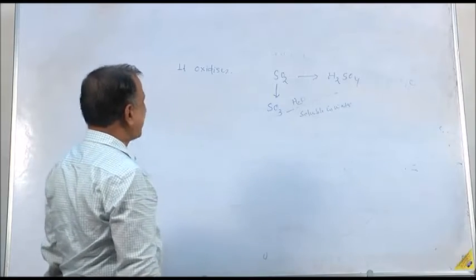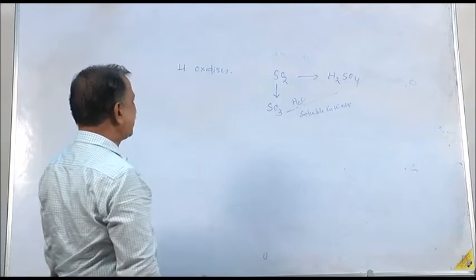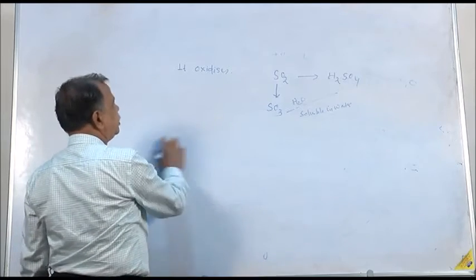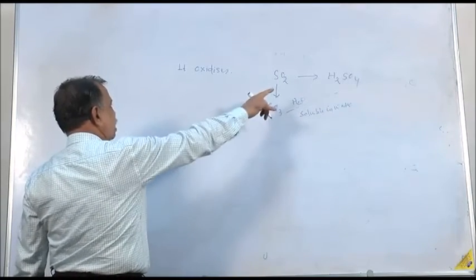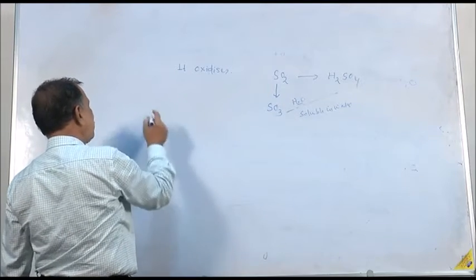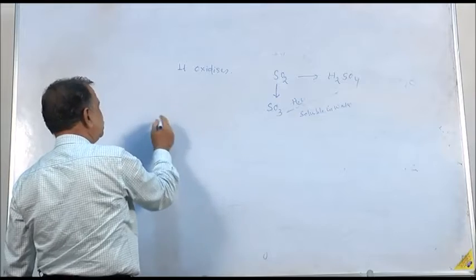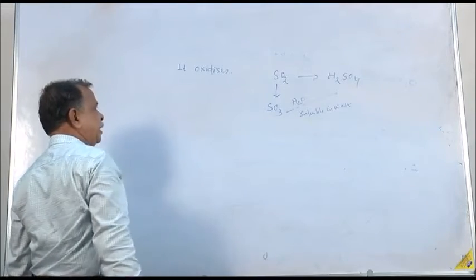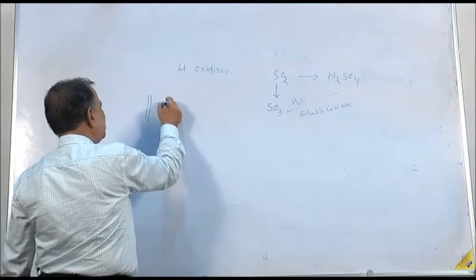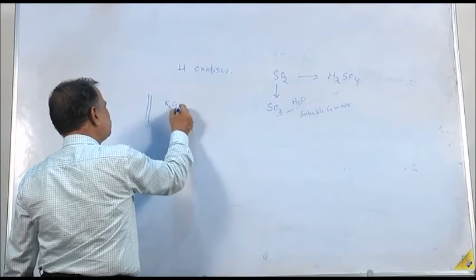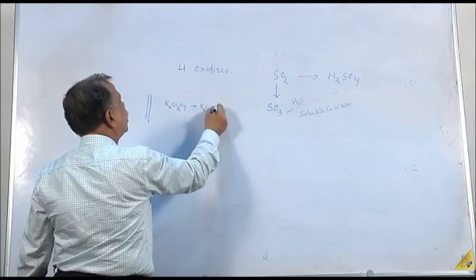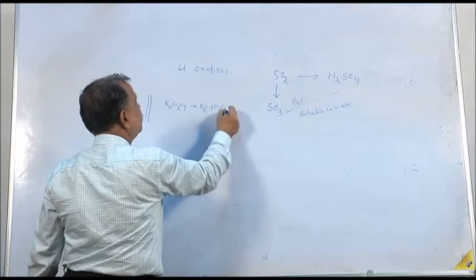When sulfur dioxide is treated with acidified potassium dichromate, the orange color changes to green due to formation of sulfuric acid and chromic sulfate. In a similar manner we may write the same method, just the ionic method. The last three steps are the same as before: K2Cr2O7 gives K2O plus Cr2O3 plus 3O.